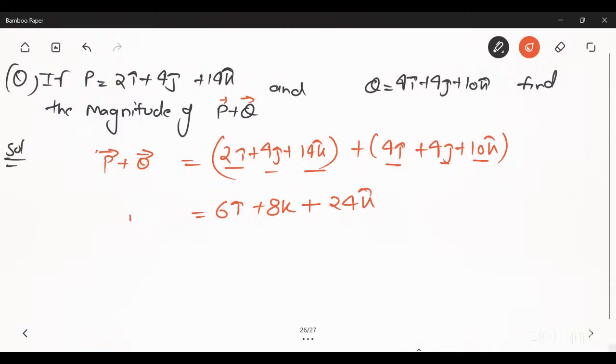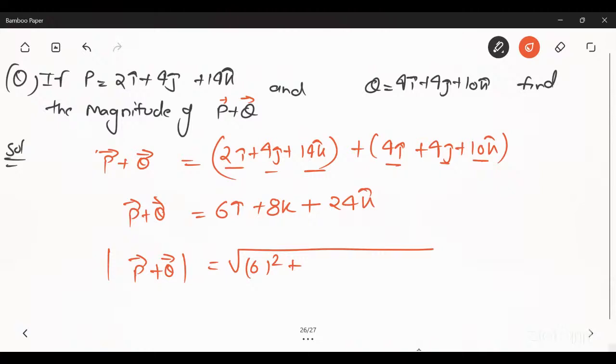Now you have to find the magnitude of that vector. So the magnitude of p vector plus q vector is under root of the coefficient of the ith term whole square, that is 6 whole square, plus the coefficient of the j term whole square, that is 8 whole square, plus the coefficient of the k term whole square.